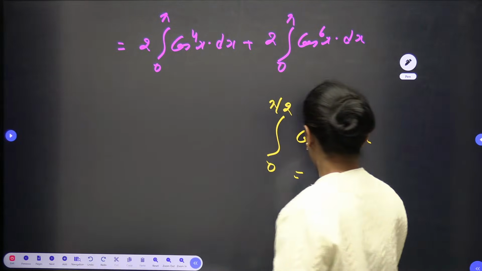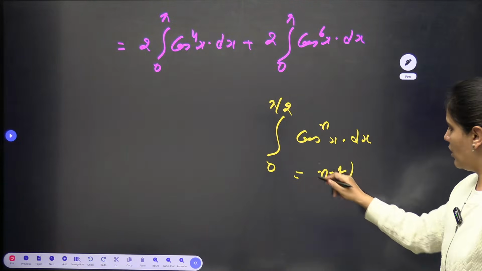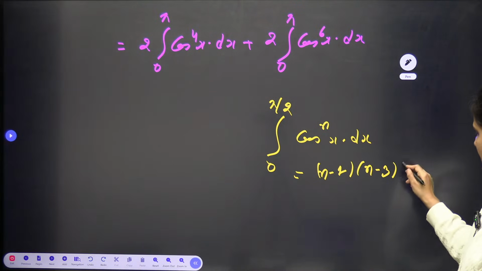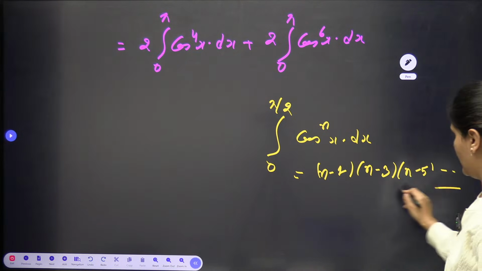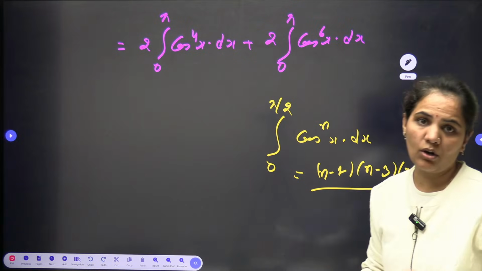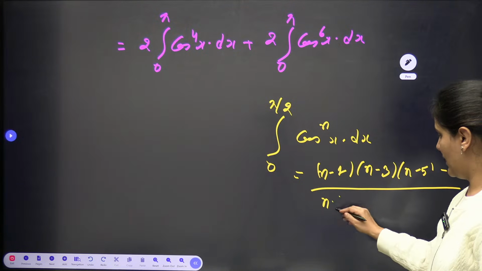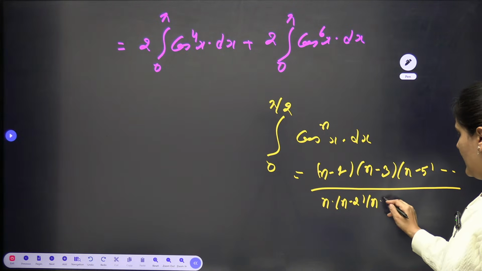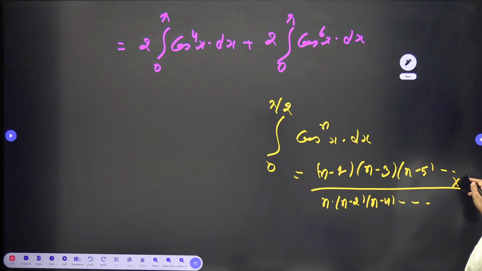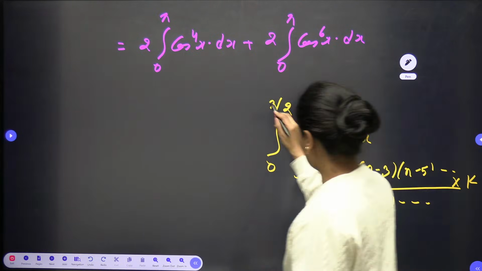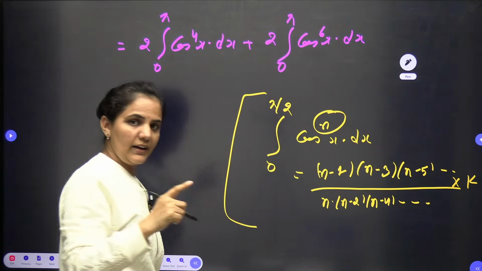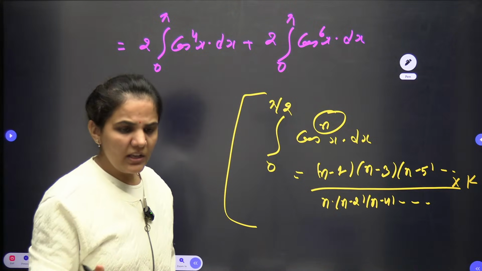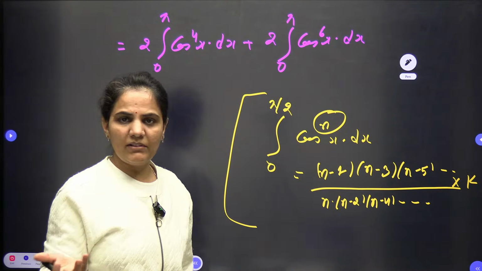I can use this and solve it. All the odd terms, n minus 1, n minus 3, n minus 5 and so on, go in the numerator, divided by all the even terms, n minus 2, n minus 4 and so on, in the denominator, multiplied by k. If n is an even number, k is pi by 2. If n is an odd number, k will be 1 only.